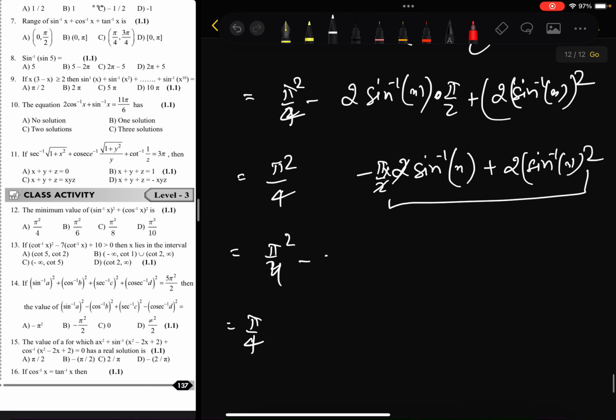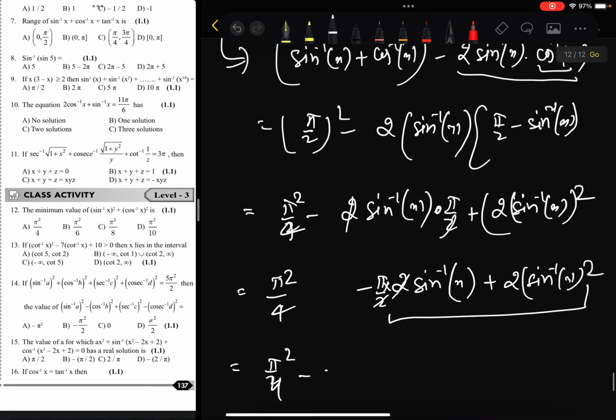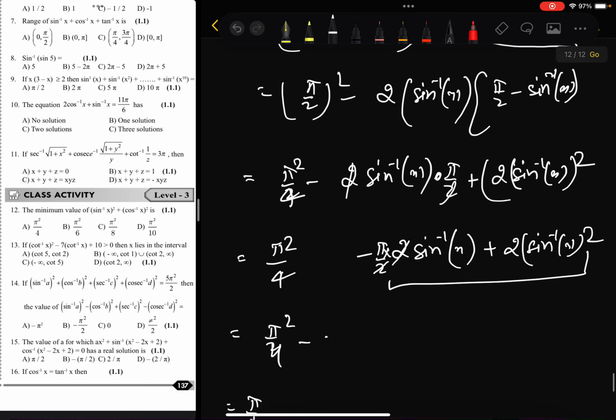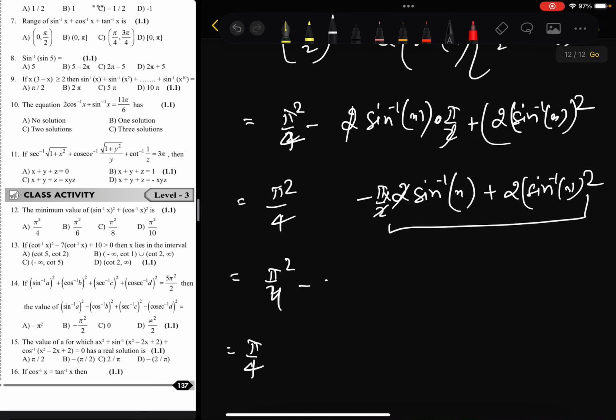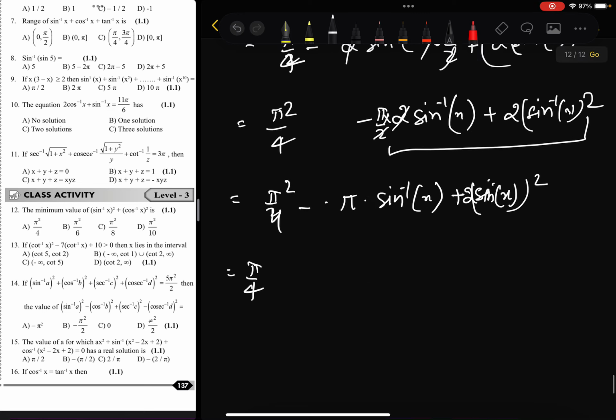Multiplying this with pi by 2 minus sine inverse x, this will become pi times sine inverse x plus 2 times sine inverse x whole square, right?